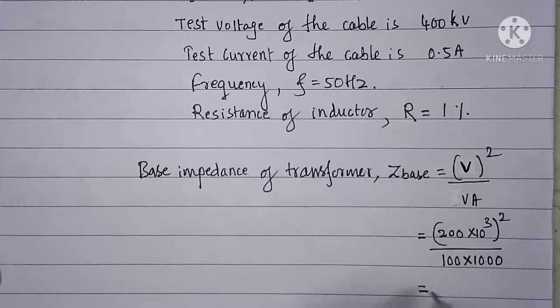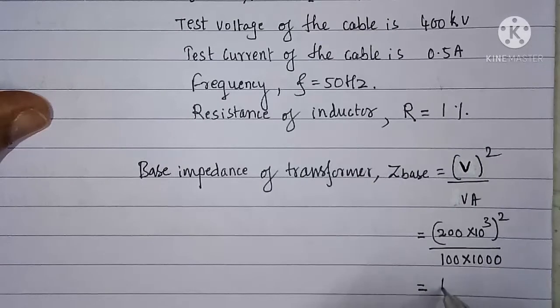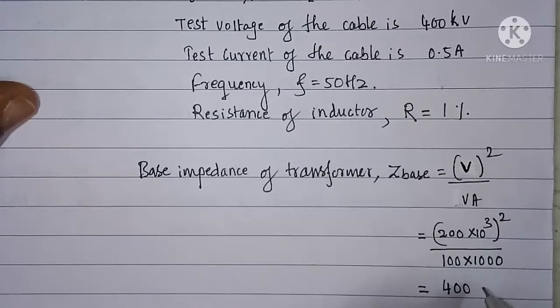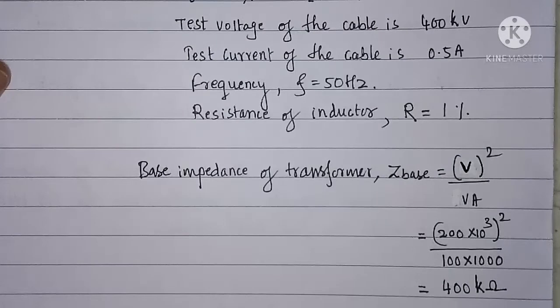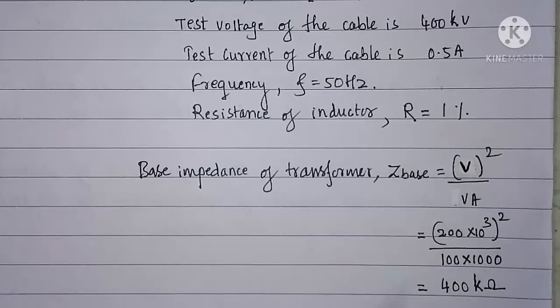On simplifying, we get 400 kilo ohm. Now using the percentage resistance and reactance of the transformer given to us and the calculated Z base, we will calculate actual resistance and the reactance of the transformer.